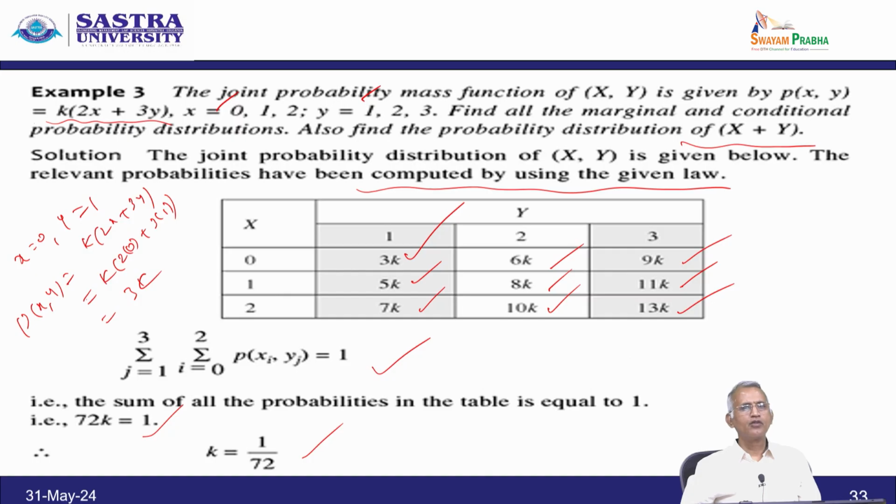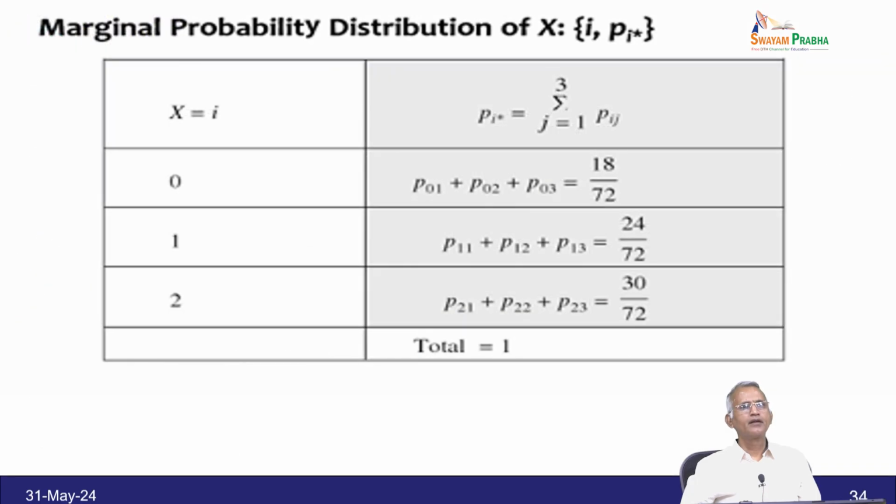So, we found the value of k, and then we have the marginal probability distribution, i comma pi. The rule is pi is nothing but the summation over j equal to 1 to 3 of pij.